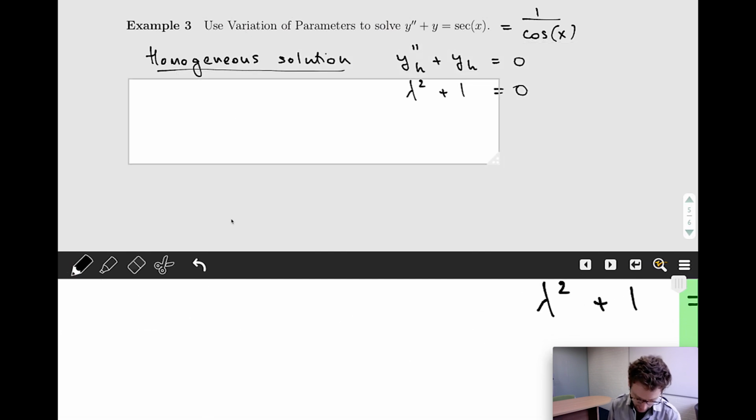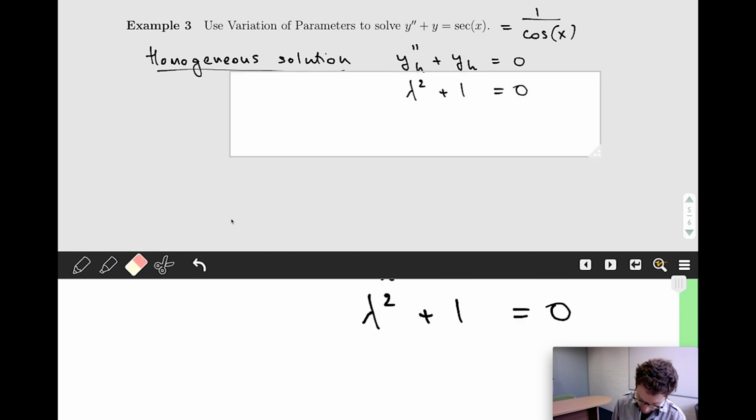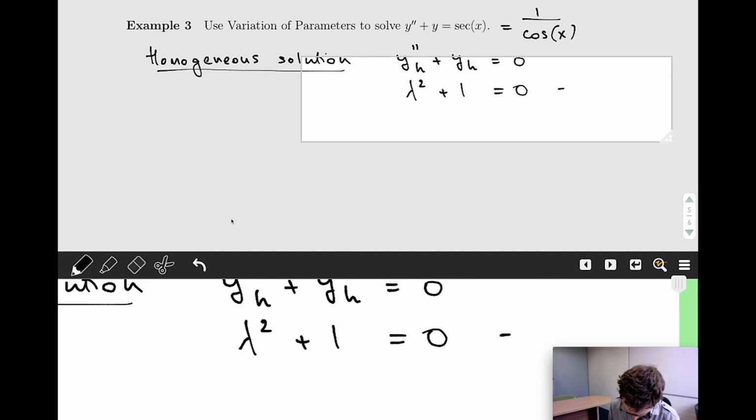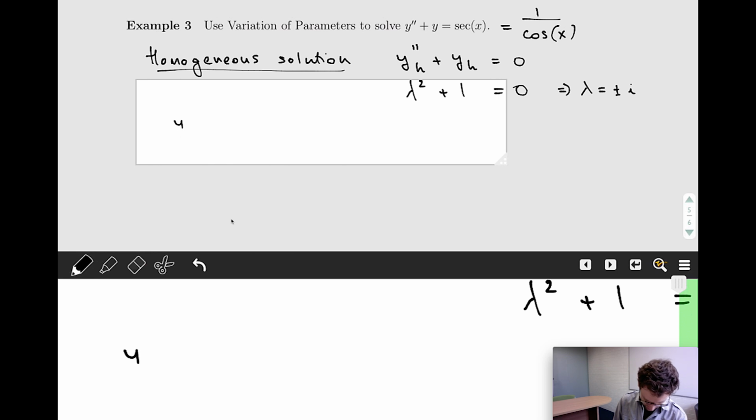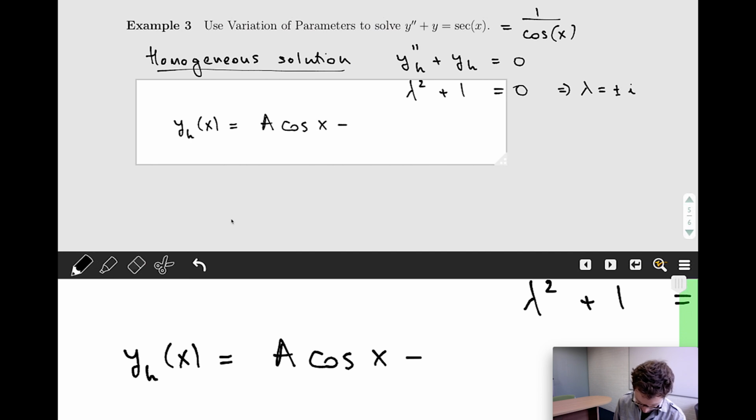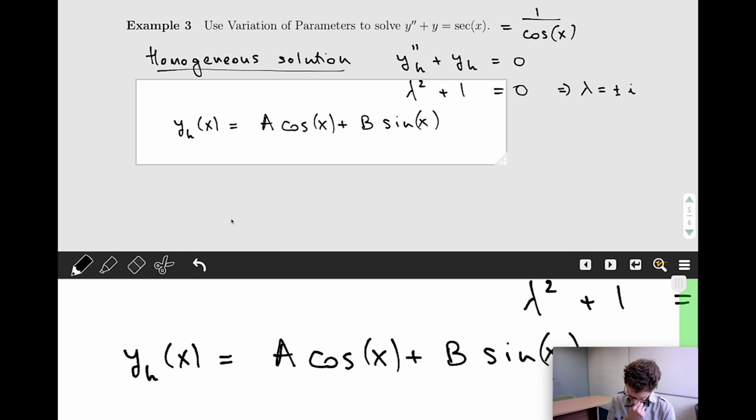That gives us a quadratic equation for lambda that has solutions lambda is equal to plus or minus i, which means that my homogeneous solution is going to be a cosine of x plus b sine of x. So again, exactly the same as we had in the last problem.